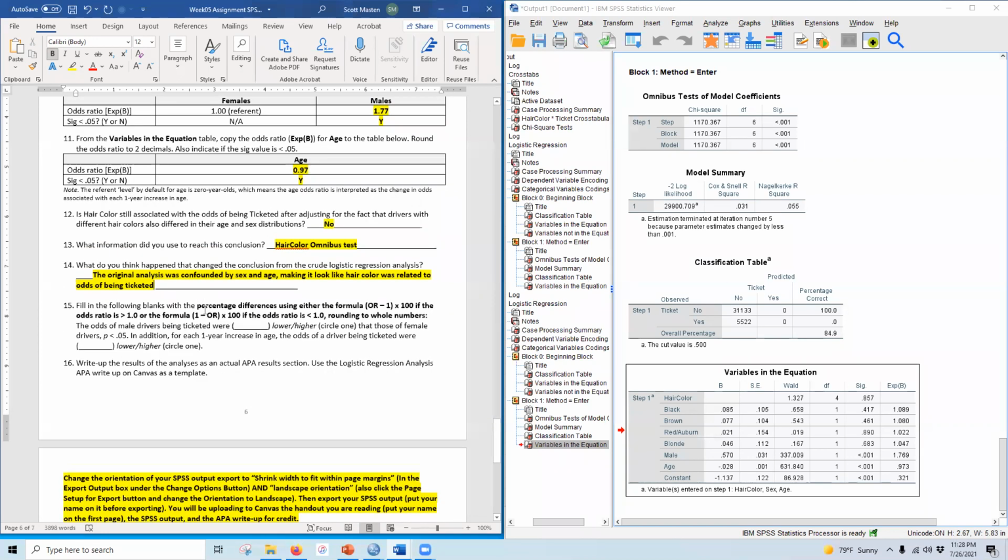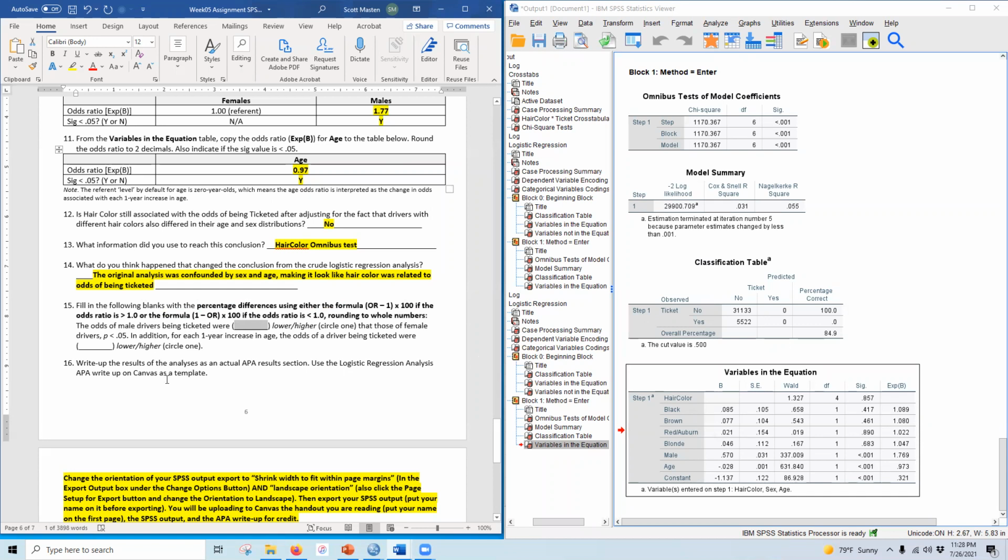So fill in the following blanks with percentage differences using either the formula OR minus 1 times 100, that's for odds ratios greater than 1, or 1 minus OR times 100 for the odds ratios less than 1. All right, so the odds of male drivers being ticketed were, let's go here, 1.77 rounded, right?